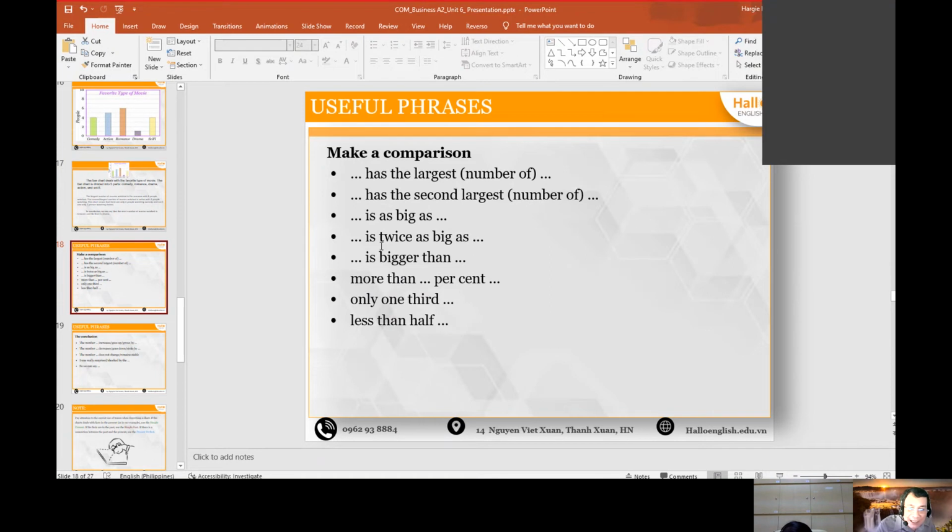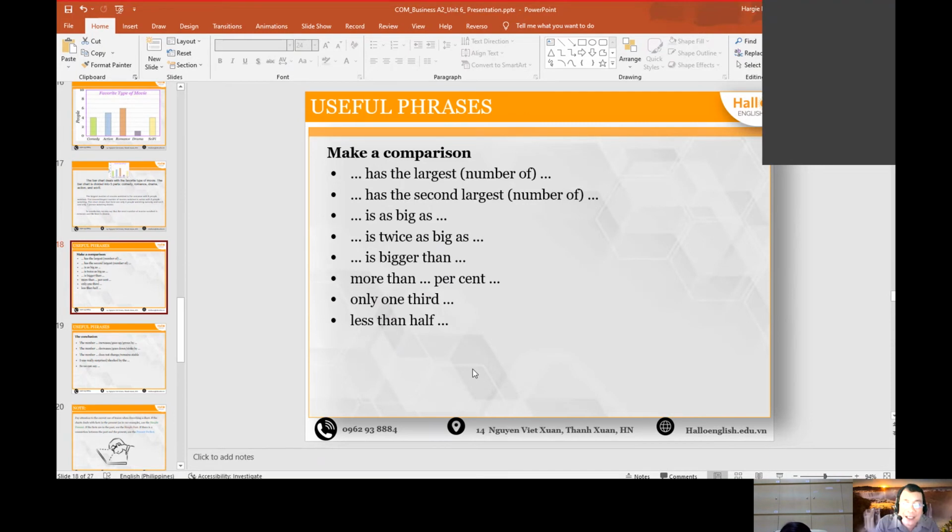Or we can also say, is bigger than. Or we can also use more than or percent, or only one third, or less than half.